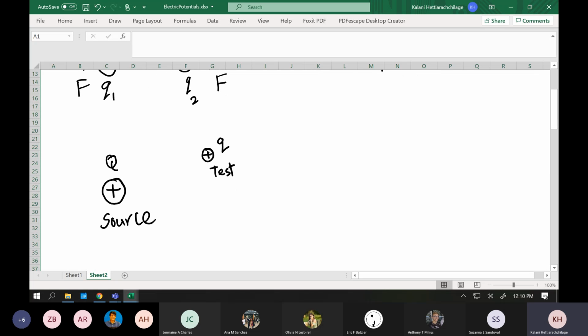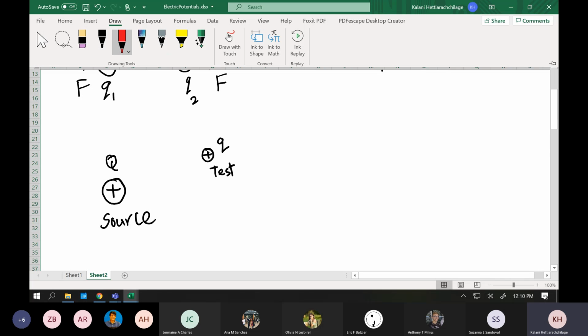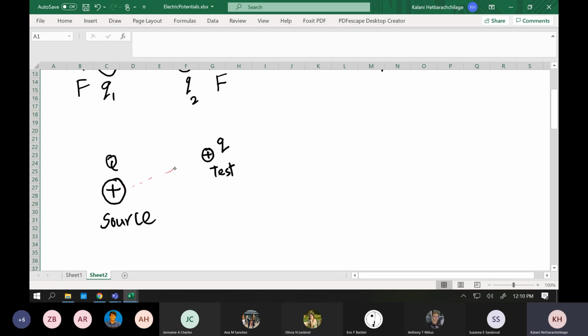But the electric field is defined as something that this test charge will feel. As an example, the test charge will feel like it is being pushed outward. It is being thrown out from this positive charge because the source charge is very strong. That will produce the electric field. Because of that, the test charge will go outward.